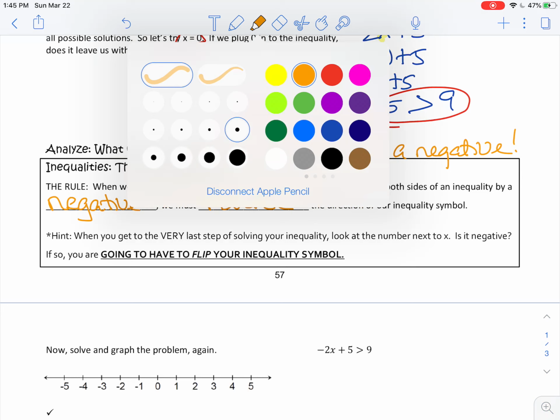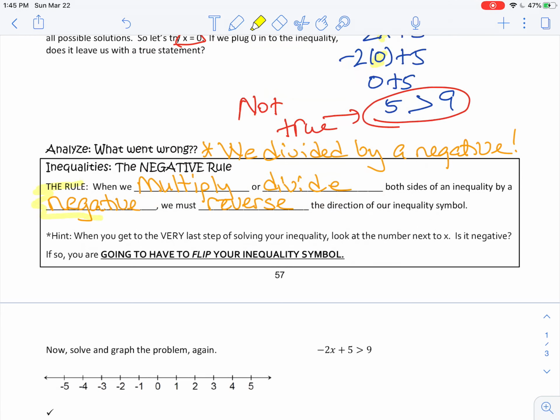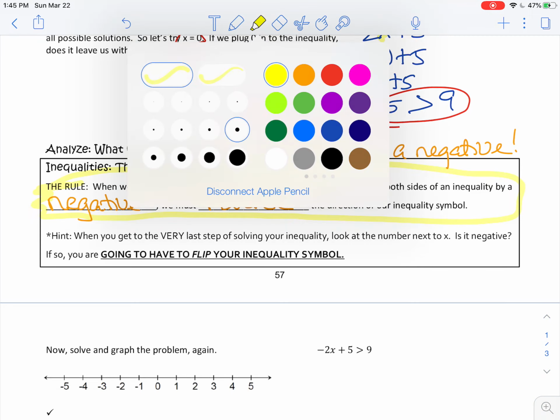Very, very important. I'm going to highlight that. This is the rule. Actually, I'm just going to circle it.